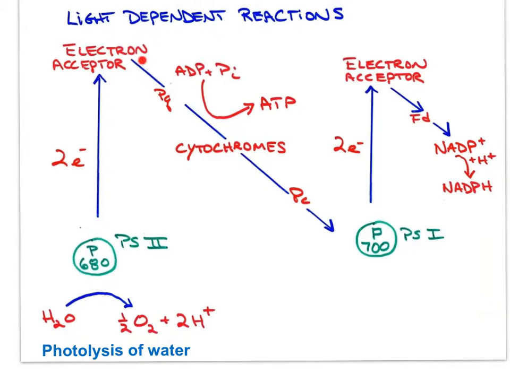The electrons moving through the carriers of the electron transport system produce a proton gradient that results in ATP production using ATPases. Do you recall chemiosmosis from your study of the mitochondrion and cell respiration? Same thing here. I'll strengthen this in just a few slides.